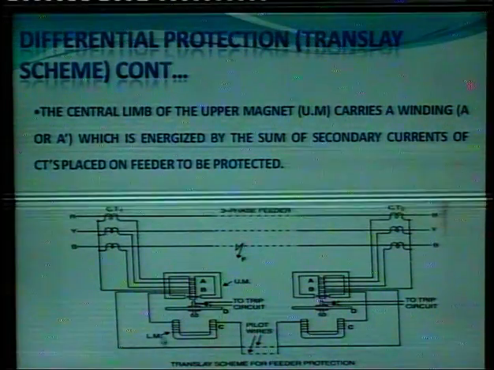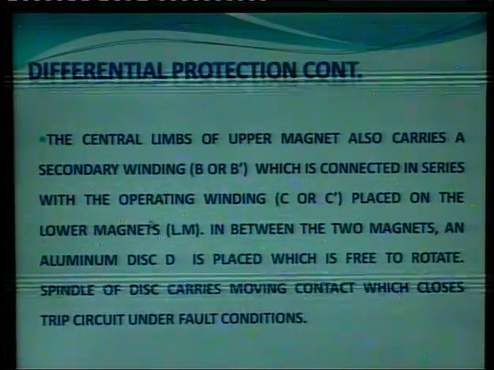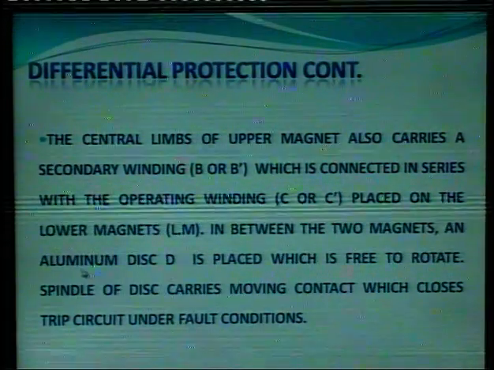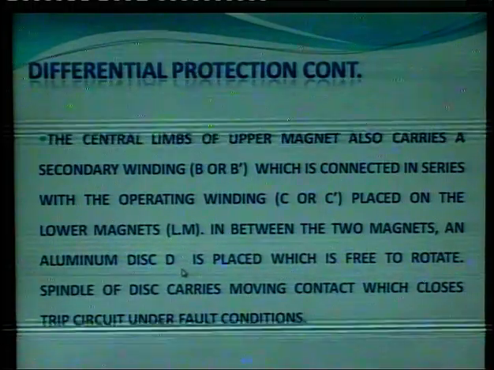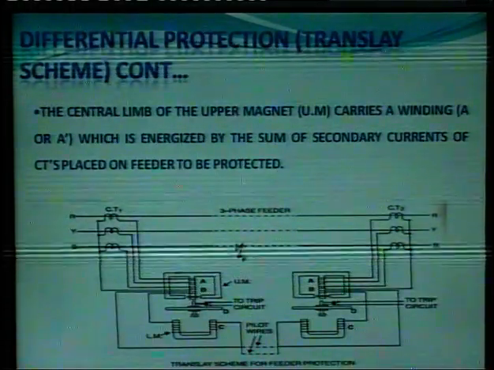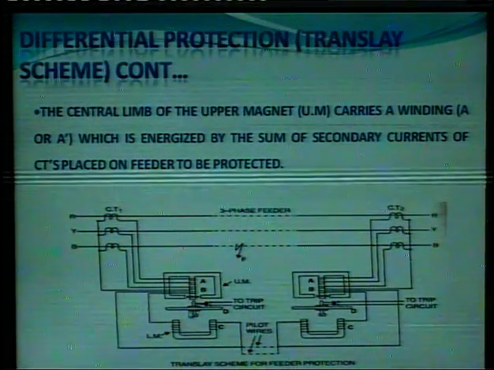So, both B and C are connected in series. In between the two magnets, an aluminium disc D is placed, which is free to rotate.